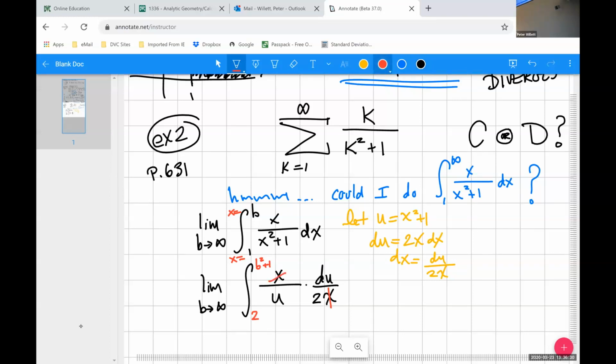So these x's cancel out. So then that gives me the limit as b tends to infinity of the integral from 2 to b squared plus 1 of 1 over u du.